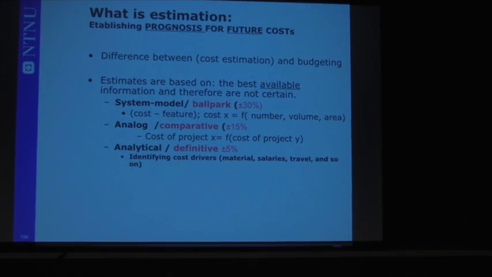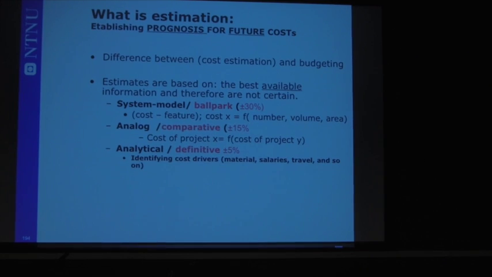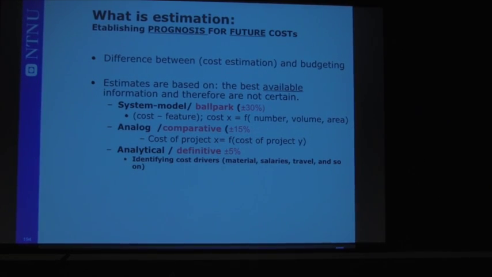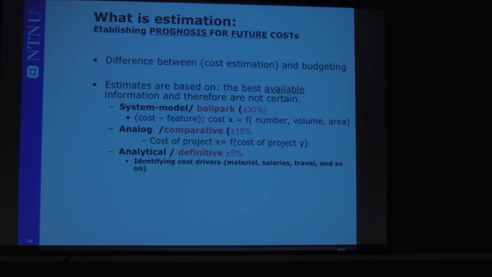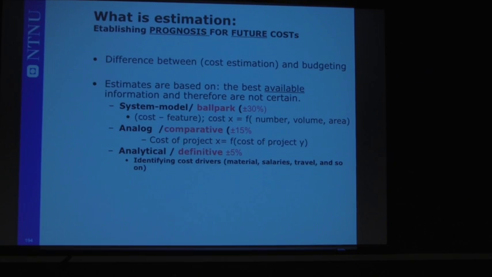We look just at general characteristics, general features, and say, based on these features, this system will cost us this amount of money. For instance, in software applications, they ask how many functions this software will produce, and they say 10. And then they use some mathematical models to calculate how much it will cost them in man hours or in money to produce this system.